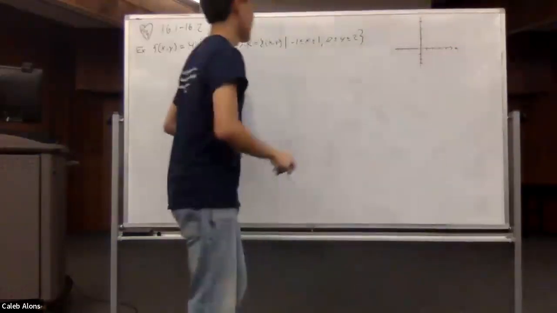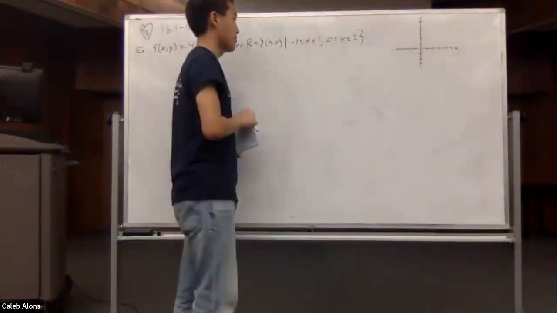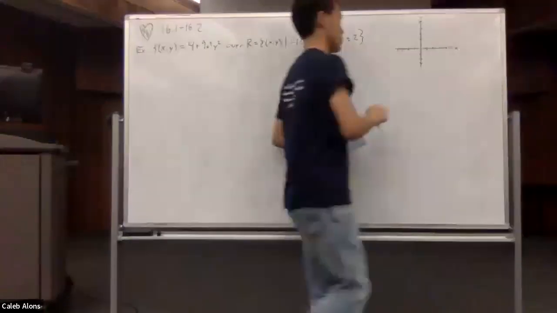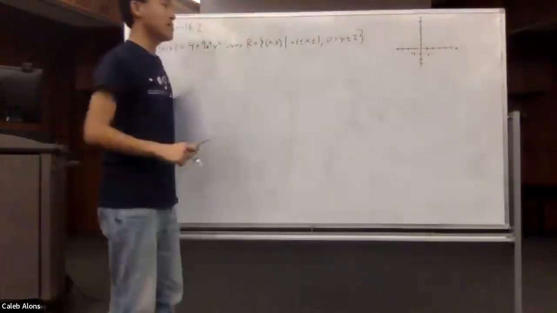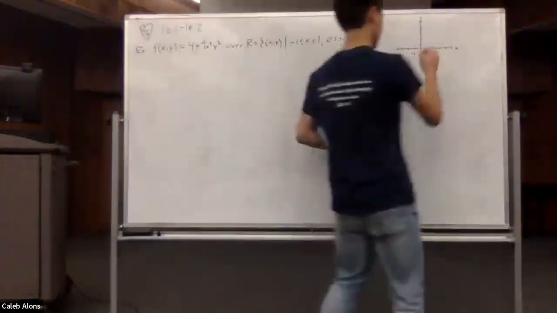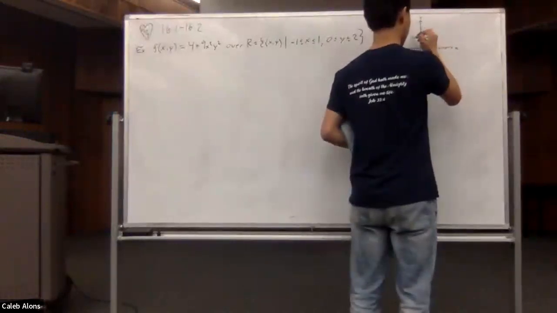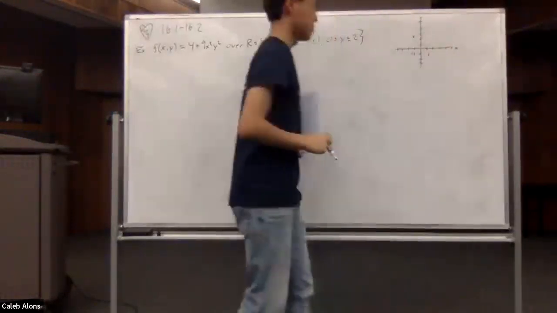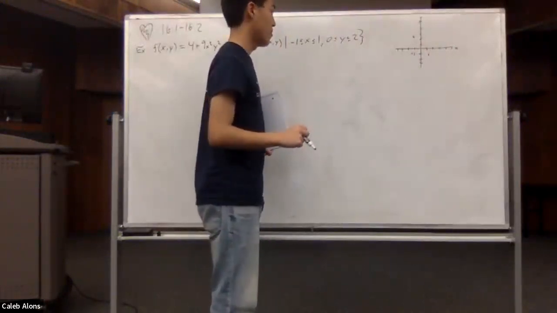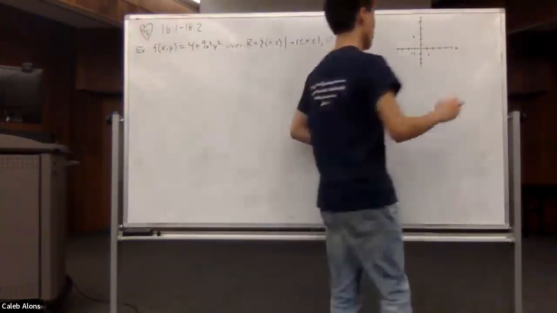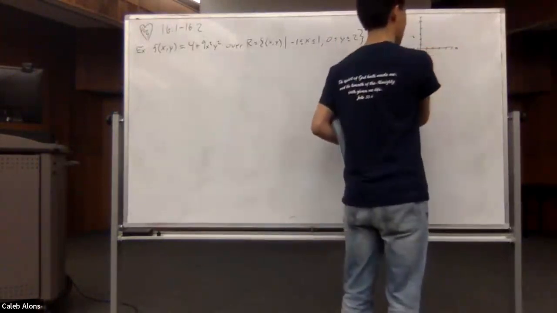Okay. X is going between what? Okay. Well, here's -1, here's 1. And what is y going between? Okay, so 0 and 2. So, do you know how to draw this rectangle? Start at the lowest x and lowest y.